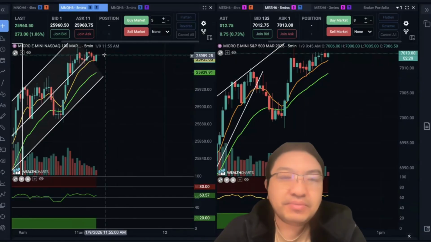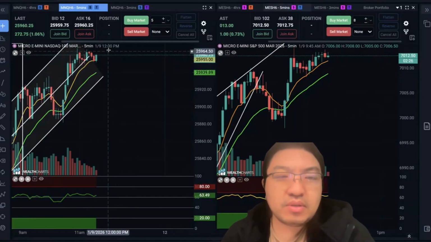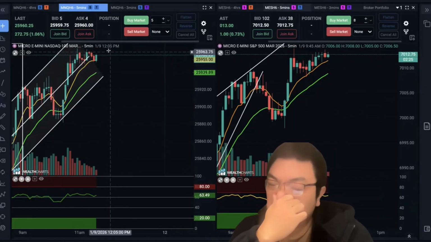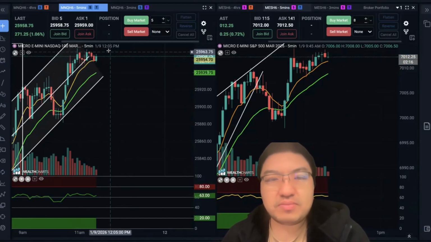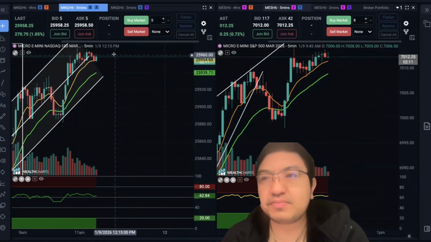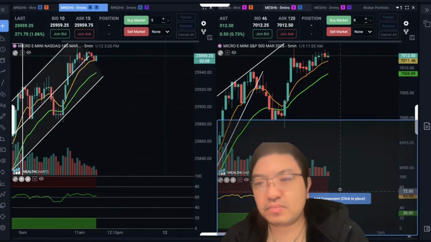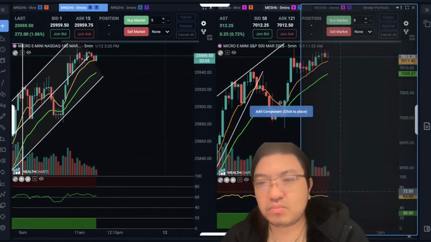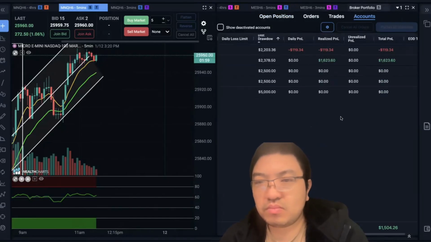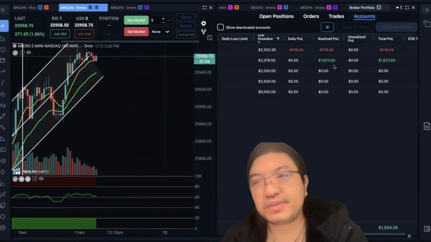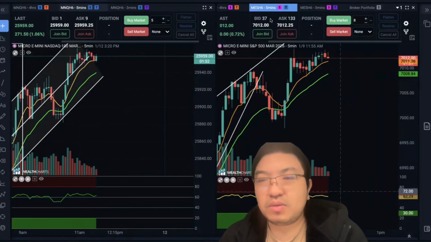Buyer still boosting. Yeah, so it will probably engulf everything here. Bullish power is so strong. Bullish momentum. Okay, 120.